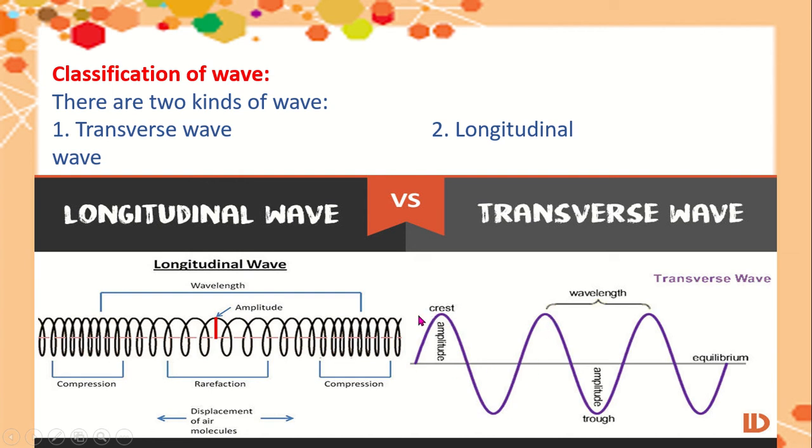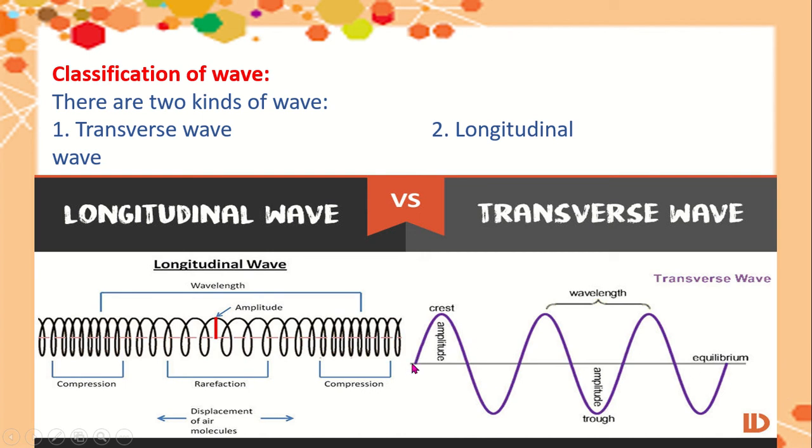Okay, look, in the positive direction it is the maximum height, and in the negative direction it is the maximum height, and this maximum point is known as crest, and in the negative direction it is known as trough, and the distance between two crests or two troughs is wavelength. Okay, and the maximum distance the wave transmitting particle is displaced is known as amplitude. So this height is amplitude.